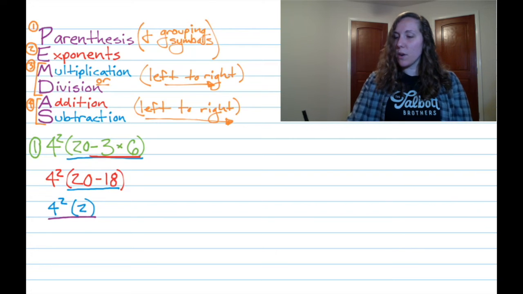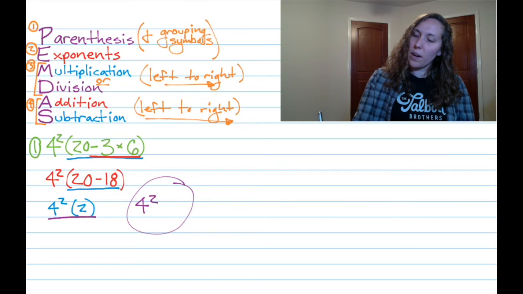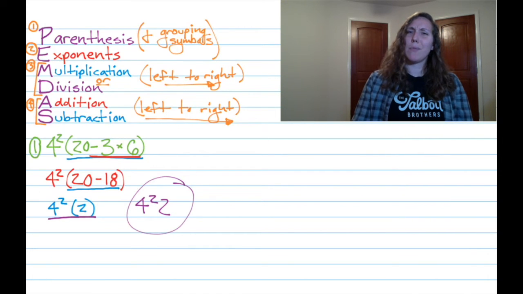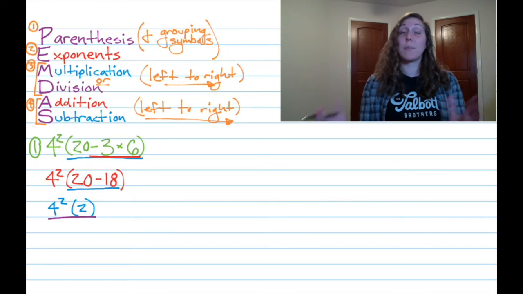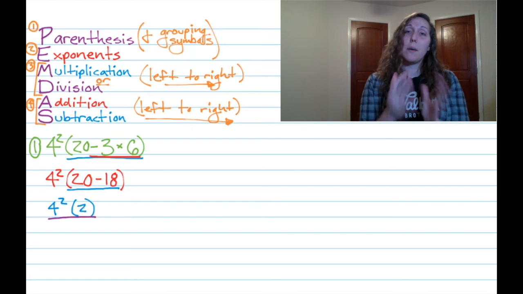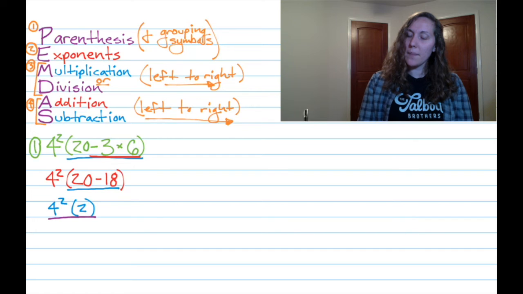Because if I just wrote, let's look over to the side here, okay? If I just wrote 4 squared 2, that would look kind of weird. I have to keep my answer inside of the parentheses so I remember, oh, that's right, I'm going to need to multiply it by the answer to my exponent problem, okay?